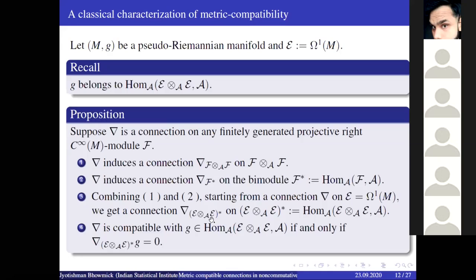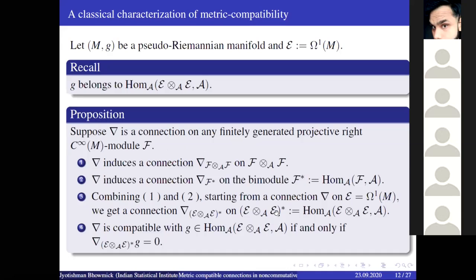So I repeat: I start with a connection on F equal to E. From the first part, I get a connection on E tensor E, and then I take F to be E tensor E. From part 2, I get a connection on (E tensor E) star.